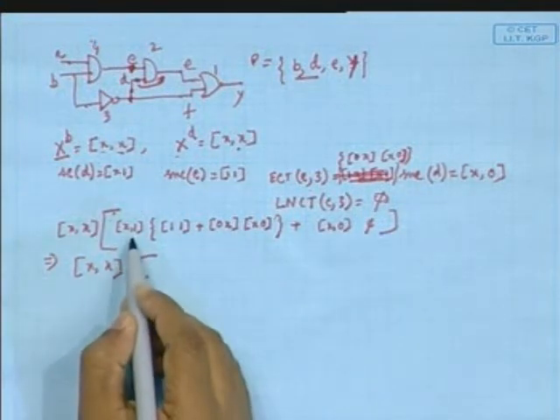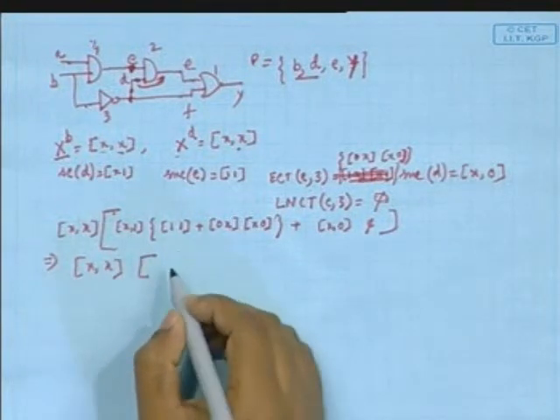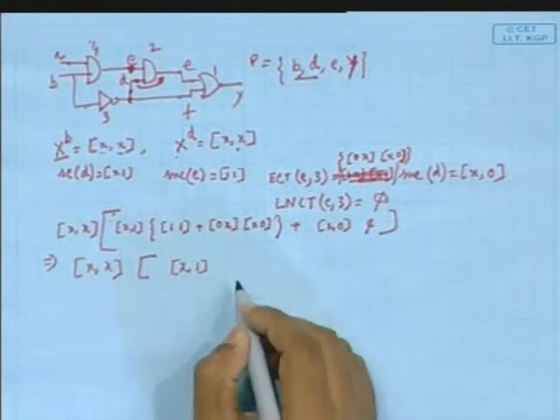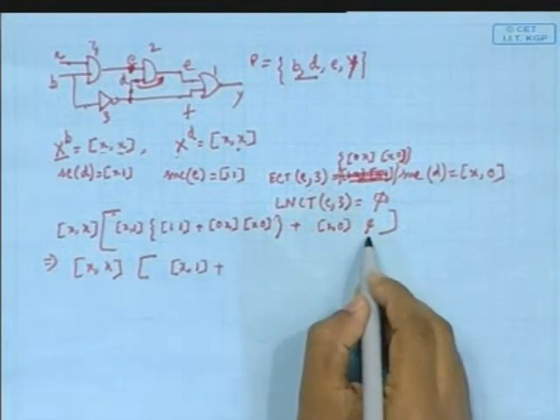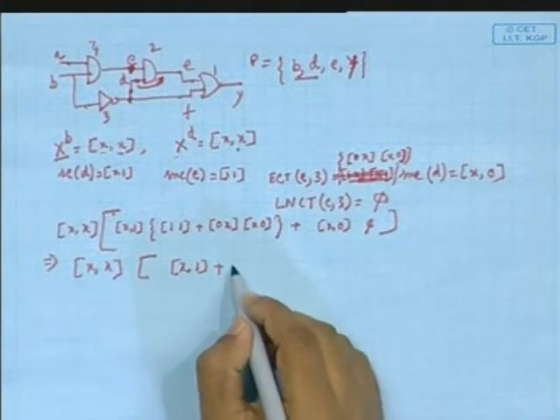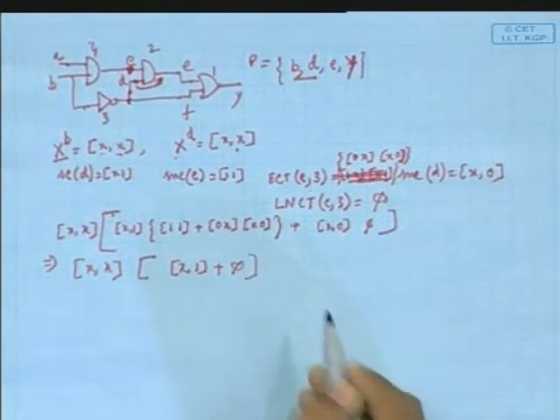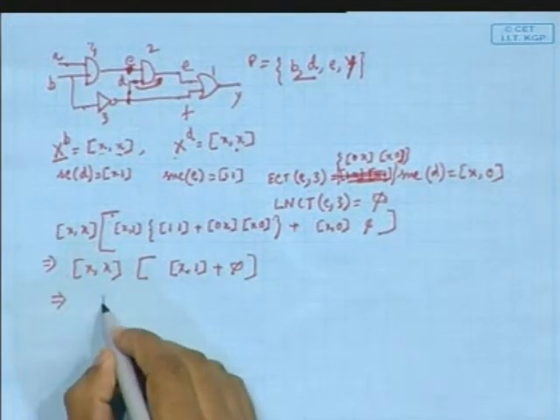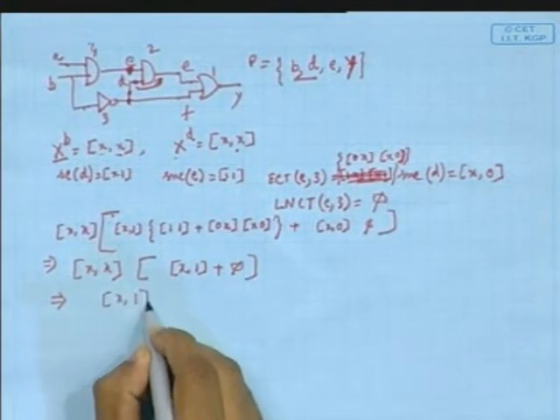So it is ANDed with x and x1, so it will be your x1. Fine. This is ANDed with 5, so it will be 0, null set basically. So when you combine these two, it will be your x1.